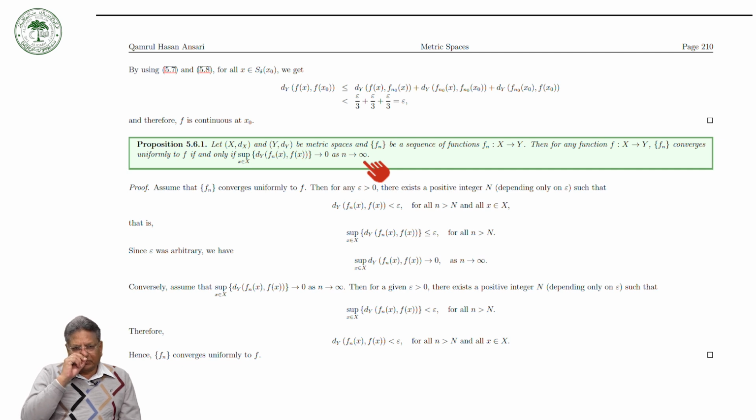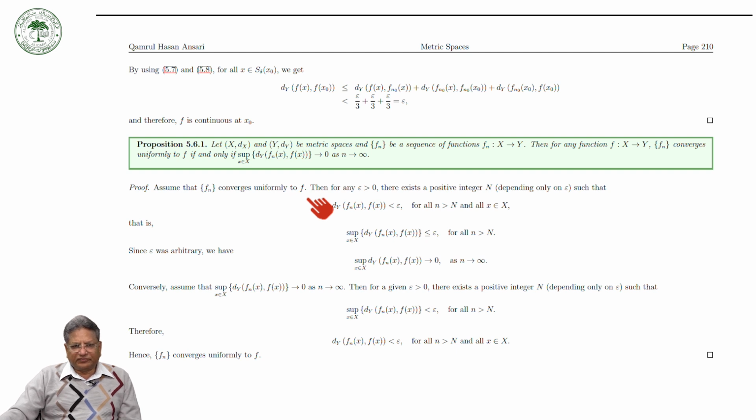This is a very nice result which provides the necessary and sufficient condition for uniform convergence of a sequence of functions. So, assume that Fn converges uniformly to f.